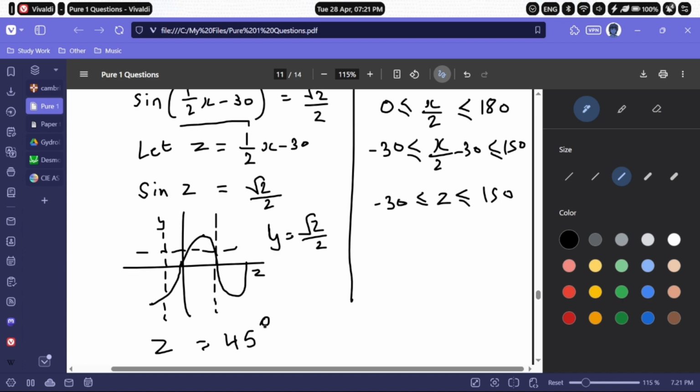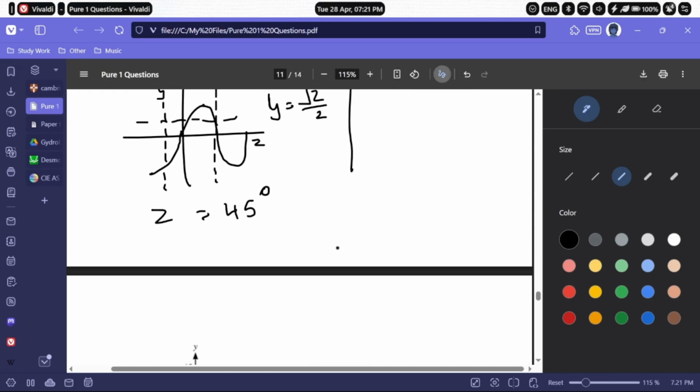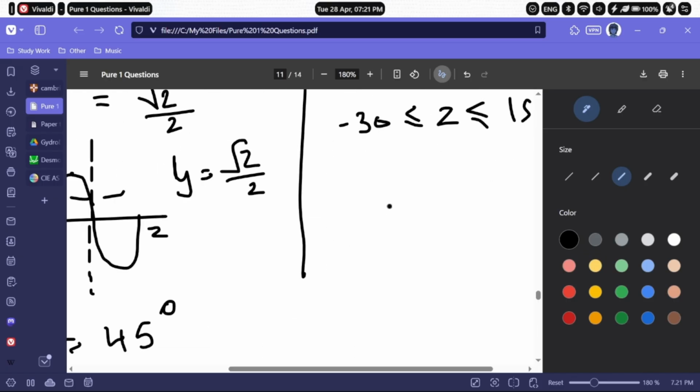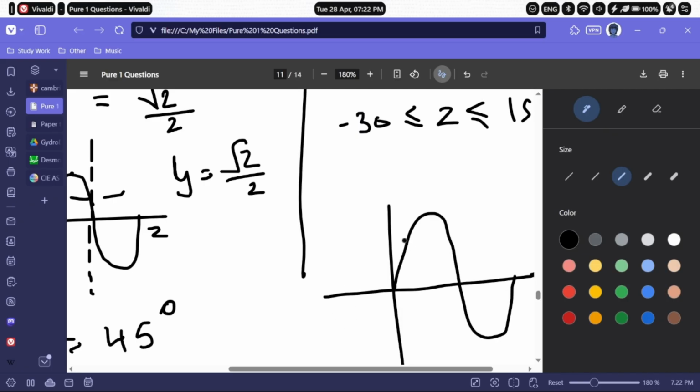Now if I were to find out the next value, there's also some other essential logic for graphs. You can use a lot of symmetry for graphs as well. So let's say you have a point over here, and I'll label this as 45. Let's say the x coordinate of that is 45 degrees.